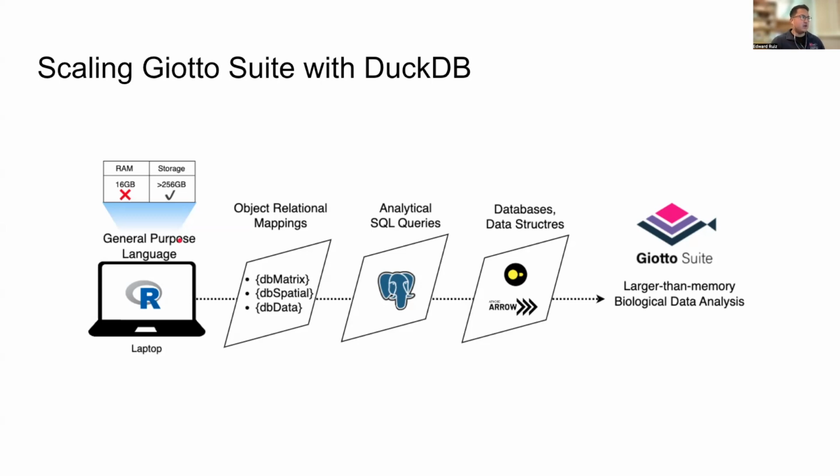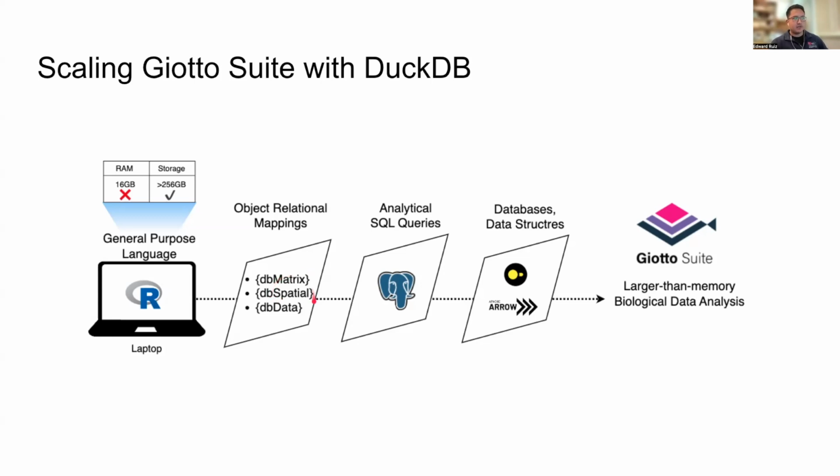And so what we've done is we've actually gone ahead and made a few different packages that I'm going to go into briefly, called DB Matrix, DB Spatial, and DB Data, that wrap these various core operations that we are already familiar with in the R space for matrix arithmetic and spatial operations in a database that is more scalable.